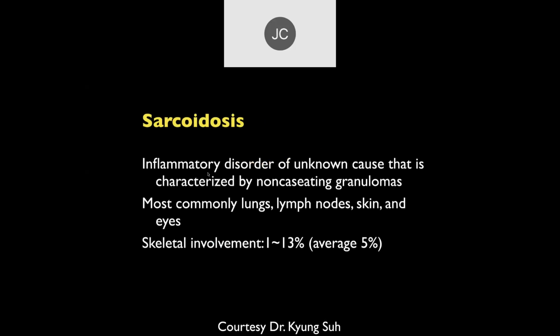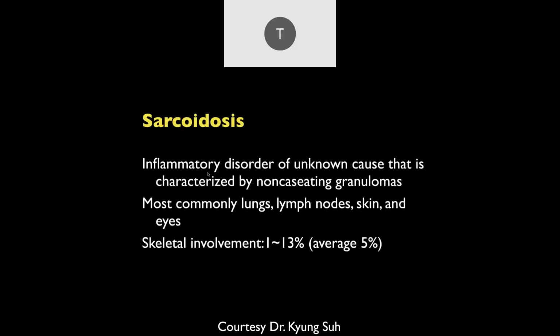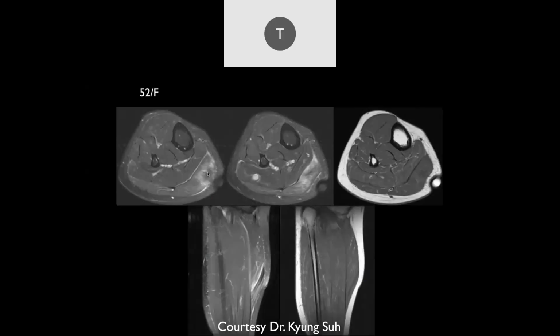And non-caseating granulomas, as you all know. So is that low signal there what we think is a granuloma? No, I think a granuloma would be more well-defined and nodular in appearance. I think this comes from chronic inflammation, and you probably get some fibrosis inside the area of chronic inflammation.